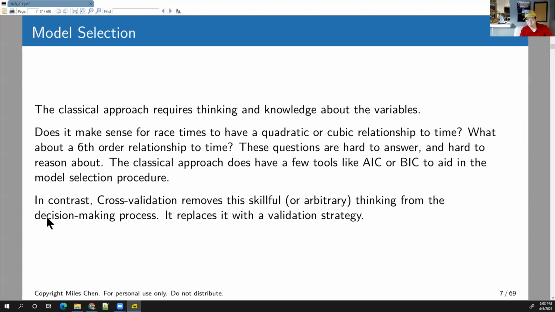We use a validation strategy, which is often the tool of choice for a lot of machine learning models, because sometimes the models get so complicated that it's difficult to say that this model objectively makes more sense than that other model. Sometimes you can do that, but a lot of times you're not.